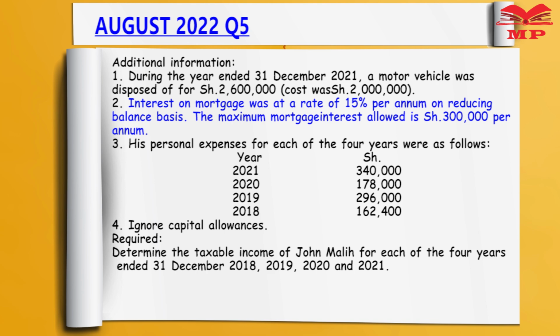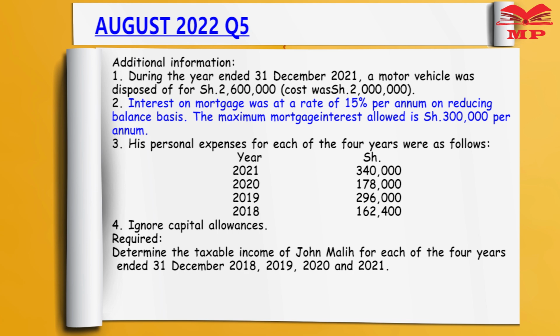We have information 2, which says interest on mortgage was at a rate of 15% per annum on reducing balance basis.